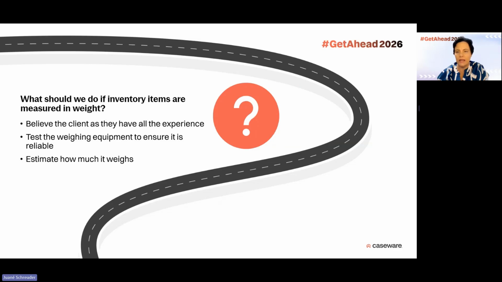So let me launch that poll, and you can say, how do we treat the instances where the client's inventory has to be weighed? And, well, that has an influence on what the final stock numbers are. Right, so let's see, what are your responses?